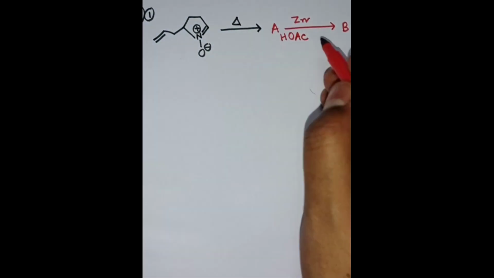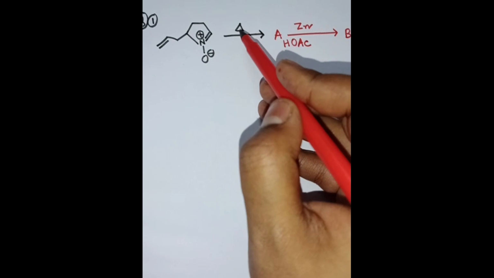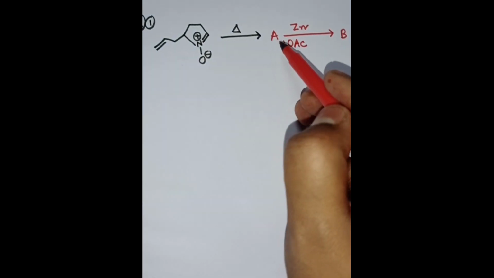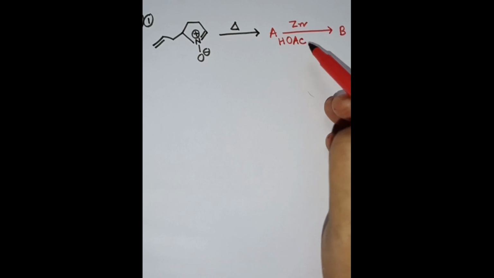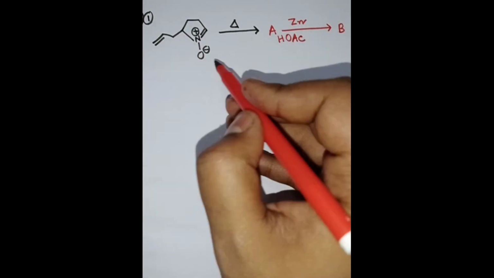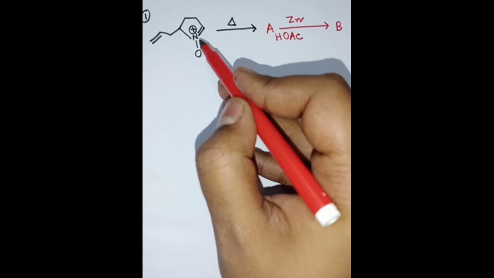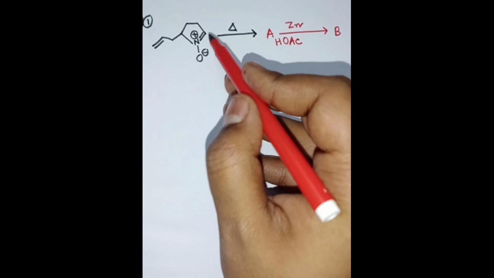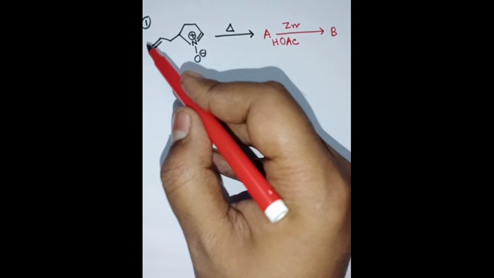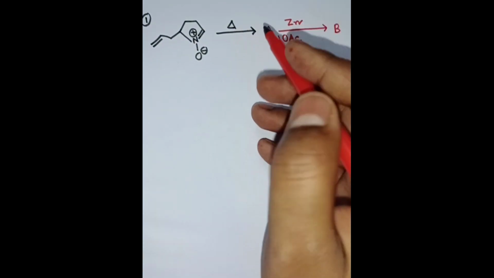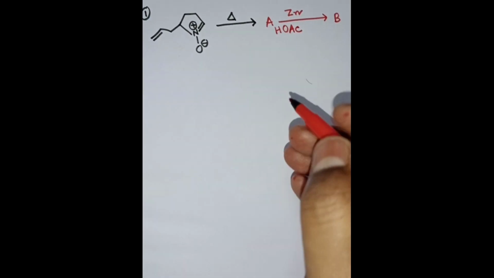Now suppose this question is given. They are asking, this starting material is there, in presence of heat what will be the product A, and if we treat with zinc and HOAc what will be the product B. By seeing this molecule, here you can see a 1,3 dipole is there and this alkene is present, so this will act as the dipolarophile and heat is given. So in presence of heat this 1,3 dipolar cycloaddition will take place.